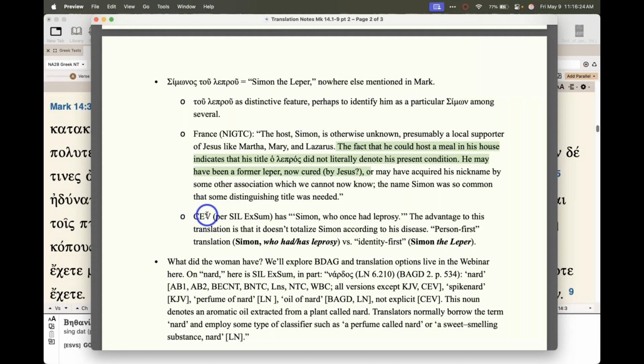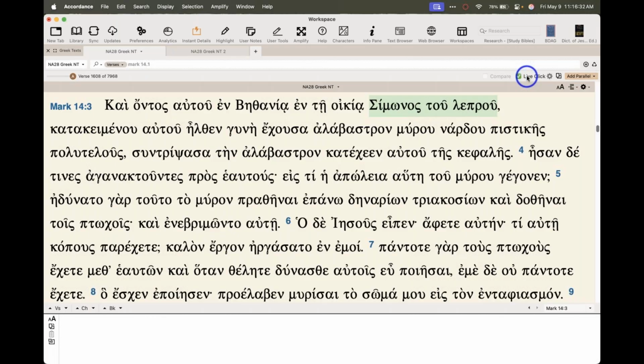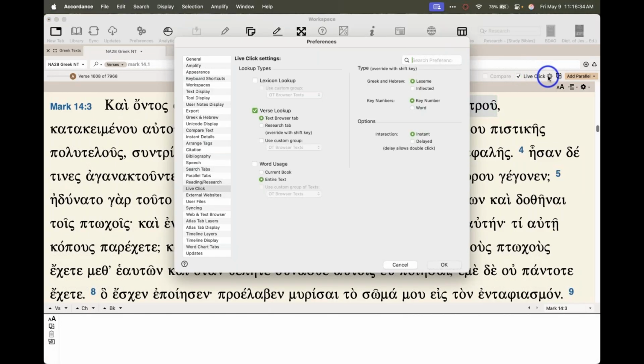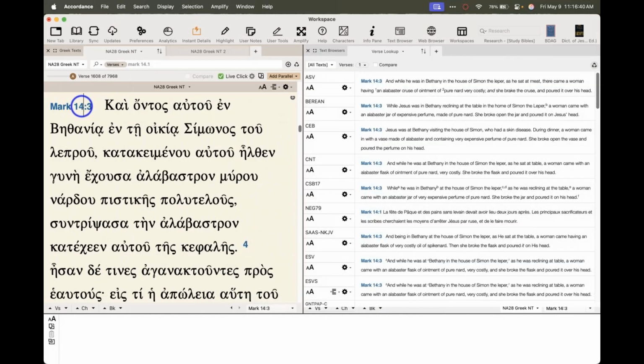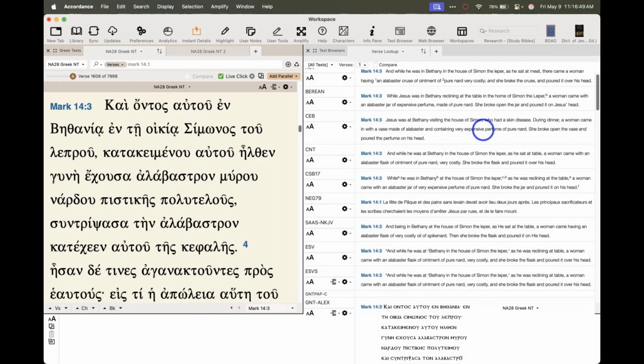The CEV, the Contemporary English Version, has "Simon who once had leprosy." That's how it translates it. In fact, you might even just live click here, go to the gear icon, make sure verse lookup is selected, and you just click the reference, and now you get Simon the leper, Simon the leper. Common English Bible gives us "Simon who had a skin disease." That's interesting.